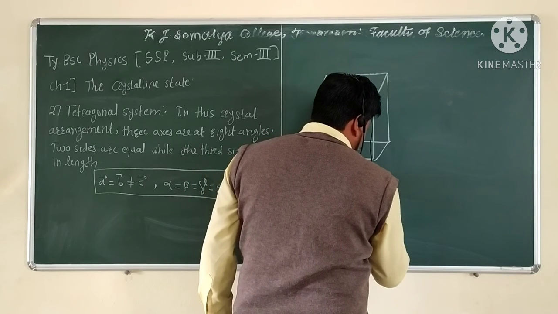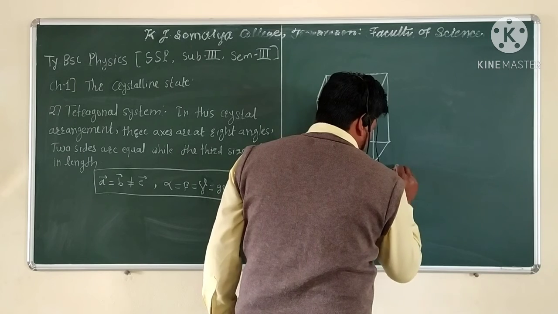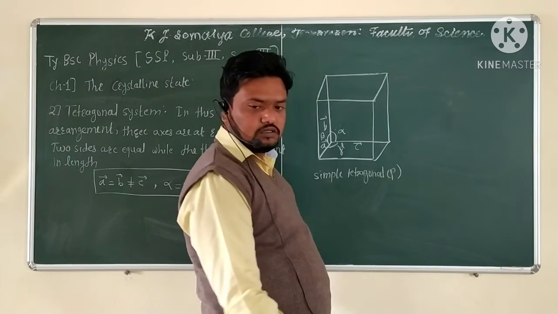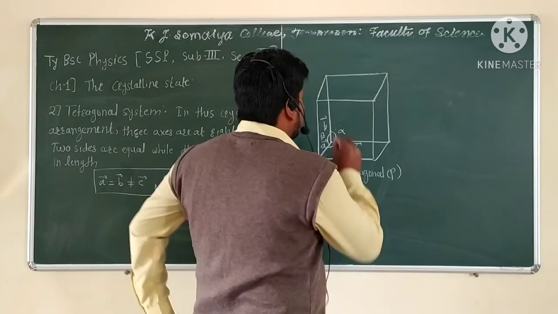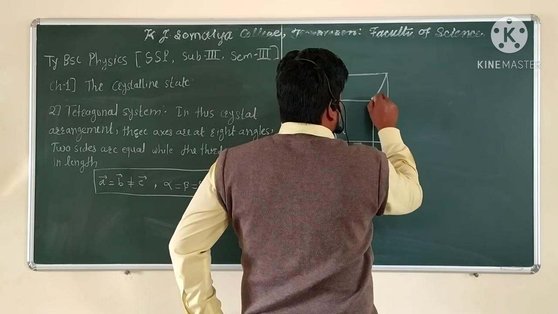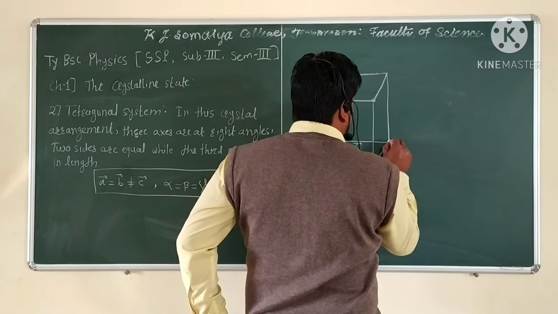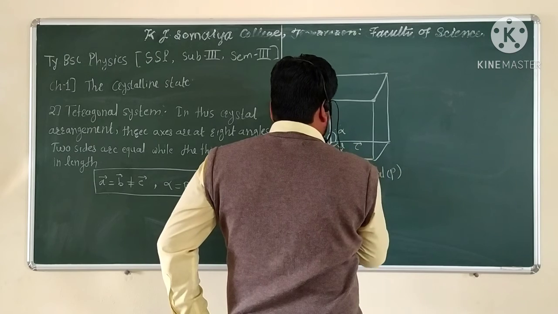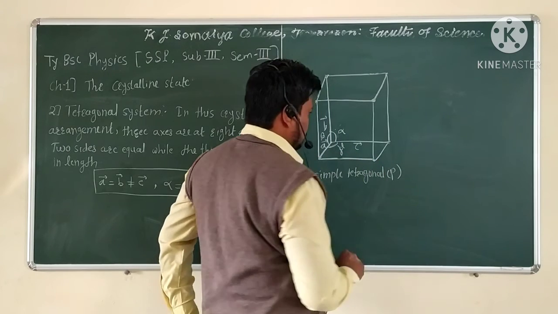Simple tetragonal is considered as P. All identical lattice points are situated on the corners, so that is considered a simple tetragonal structure.